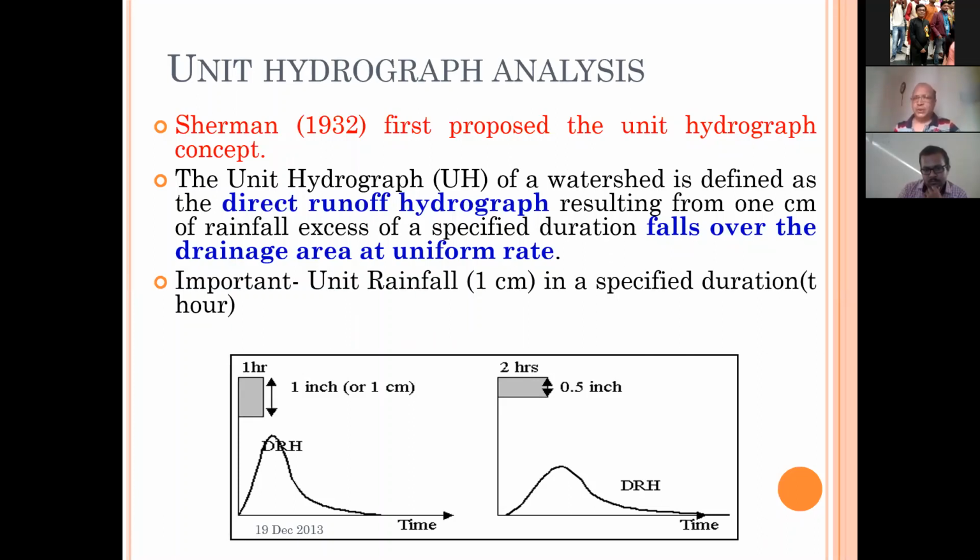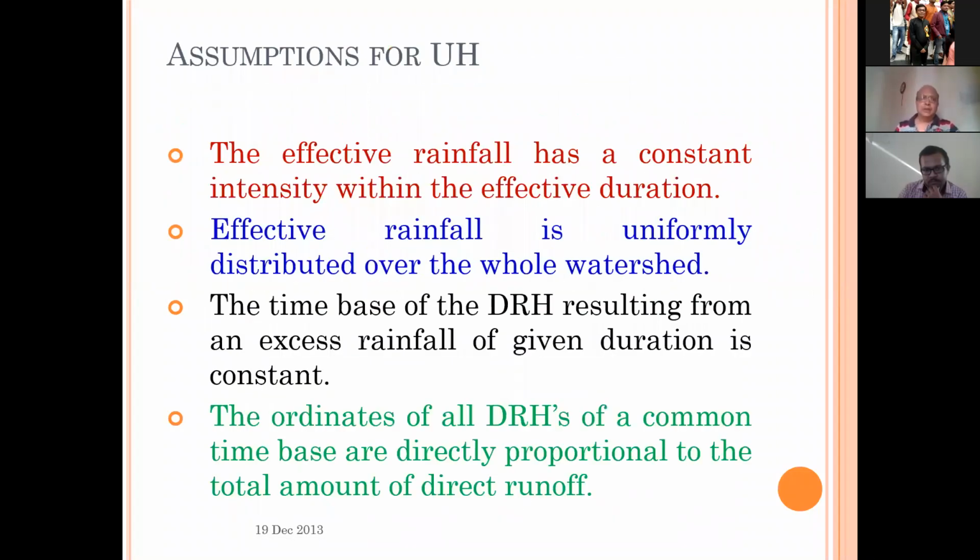That is called unit hydrograph, and it is a very important aspect in hydrological studies, because whenever we have some limited data, we use this type of equation. These are the assumptions: rainfall should occur uniformly, and the ordinates are proportional to the total amount of direct surface runoff.